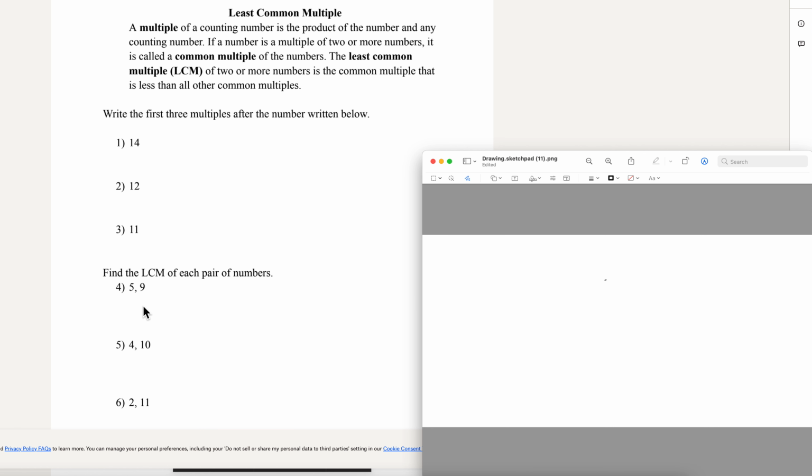The way I like to do it is I find the number that is easier to know when something is divisible by, and list the multiples of that number. So 9, 18, 27, 36, 45, and boom, you get 45, and that's the smallest number divisible by 5 and 9. So this would be the answer for number 4.